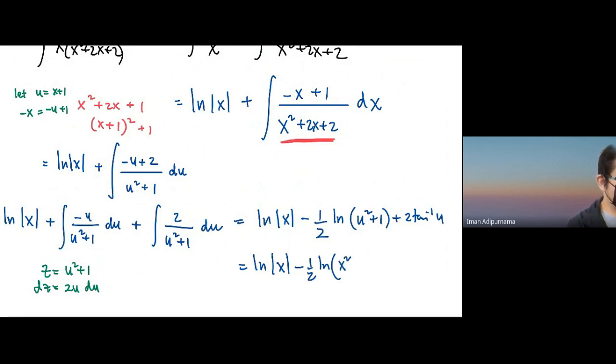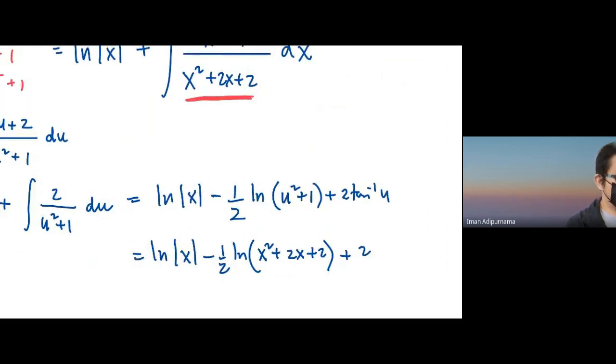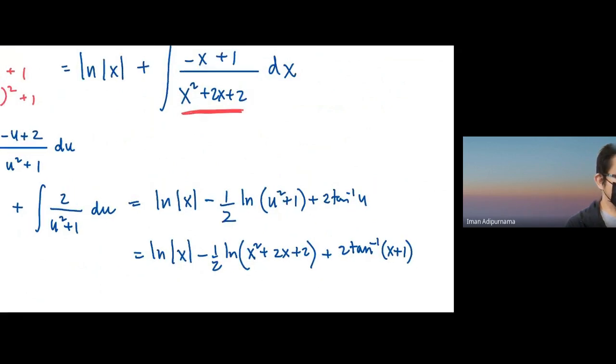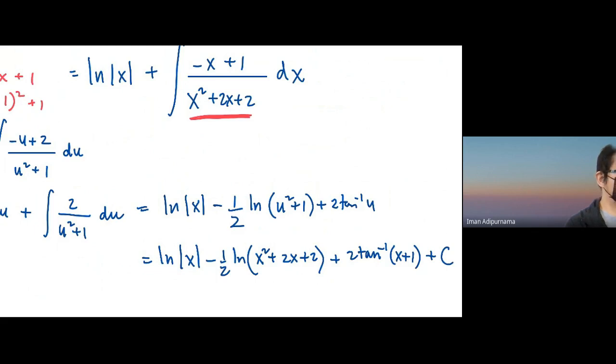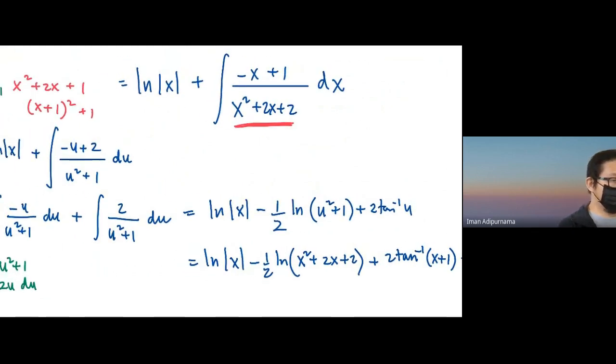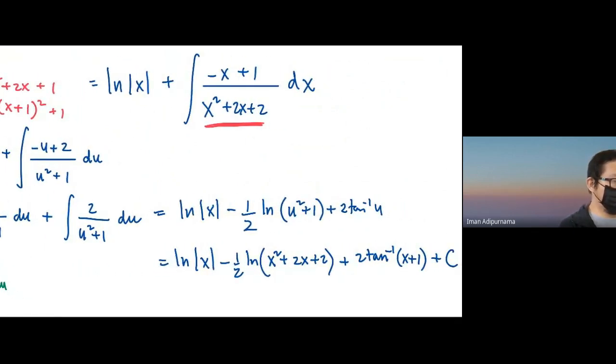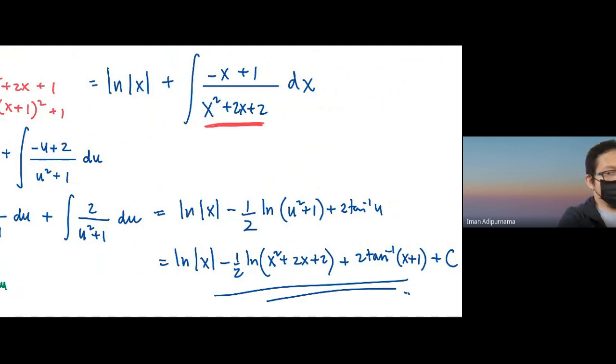This will be x squared plus 2x plus 1 plus 1, so plus 2, plus 2 tangent inverse x plus 1, and then plus C. And this will be the answer.